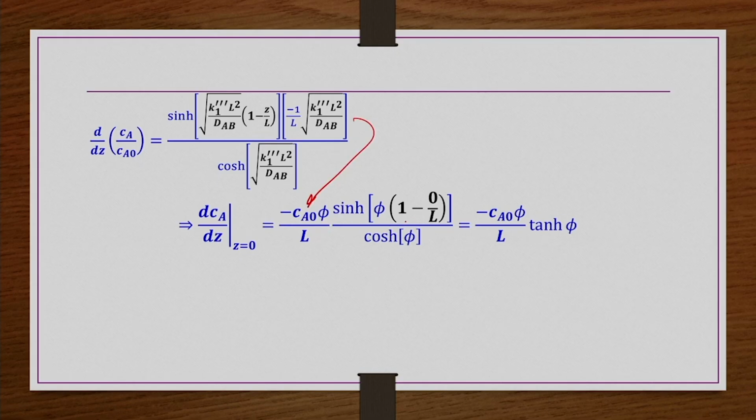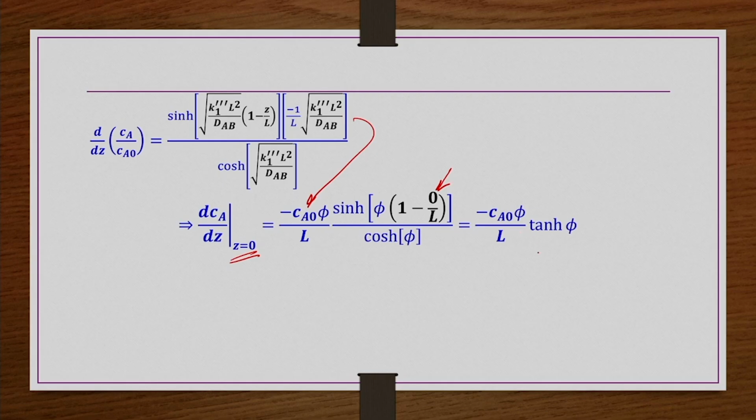sin hyperbolic of phi times (1 minus 0 by L), because we are now doing this at z equal to 0. The flux we are calculating at the z equal to 0 location, that is at the gas-liquid interface. So, if you substitute z equal to 0, you get sin hyperbolic of phi.